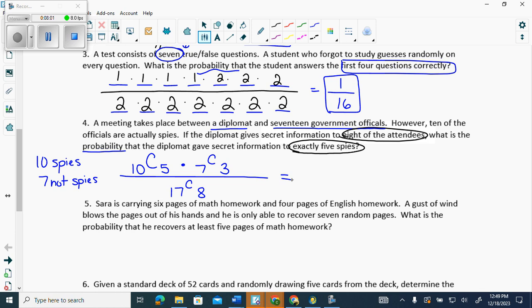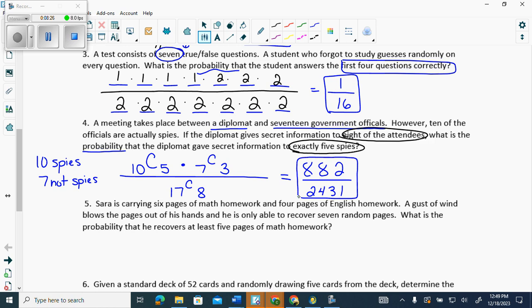Practice typing it in. So if they want it as a fraction, that would be the answer.